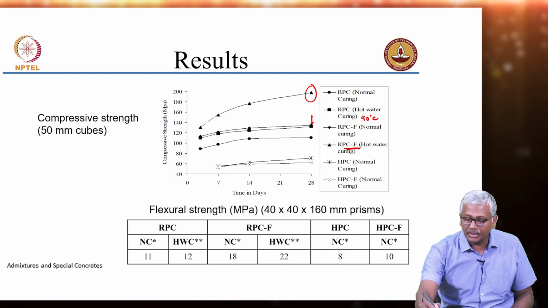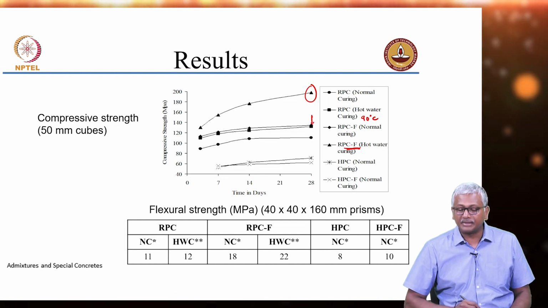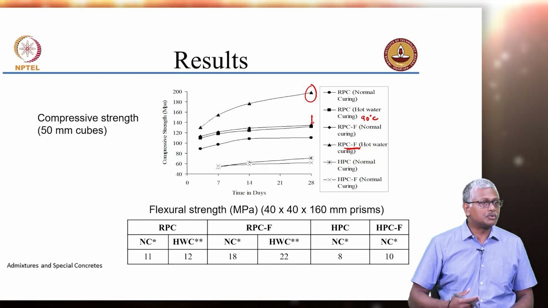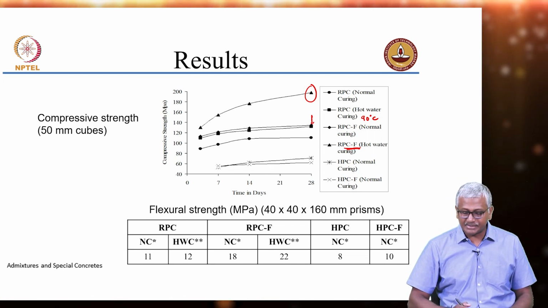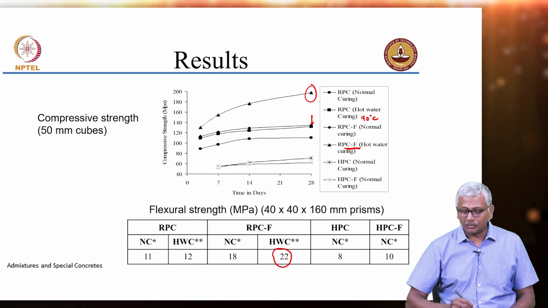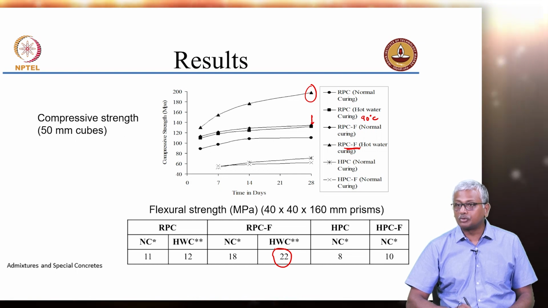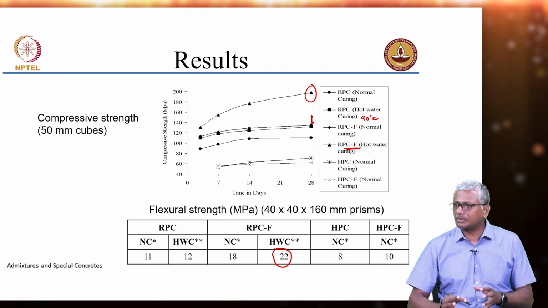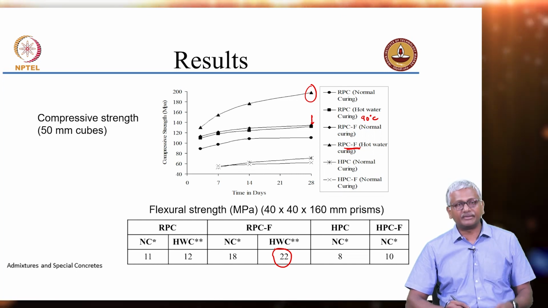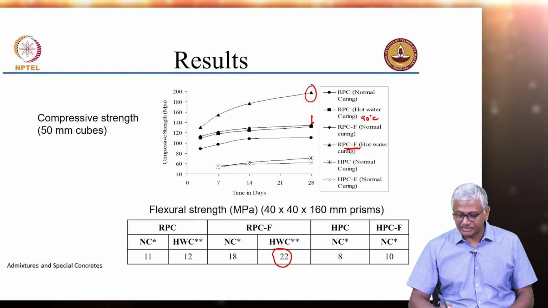So, with normal curing, the strength was about 130 MPa. So, it is still significantly high, but you do need that heat treatment to enhance the strength significantly. And flexural strength, you can see we could achieve with hot water curing with fibers of up to 22 megapascal. Not as large as what was shown in literature, again because of the limitation of the fiber lengths. We had long fibers in this case.